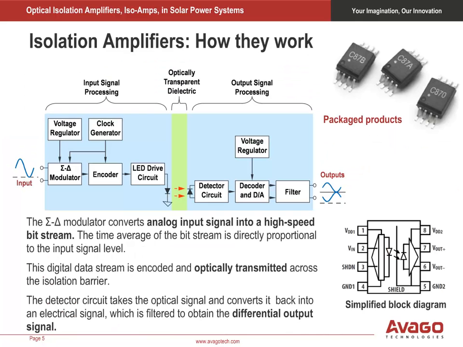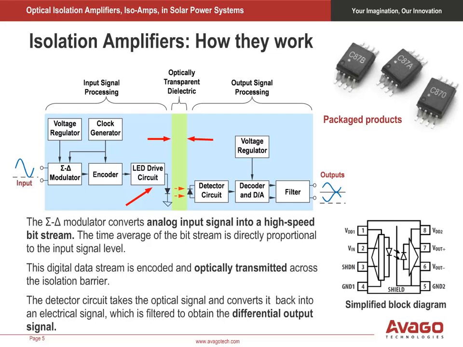Since you may be unfamiliar with Avago's isoamp technology, let's have a quick overview. They are easy to understand. First, the isoamp senses the input voltage, an analog signal, and converts it to a digital bit stream or pulse train. Then the digital representation of the input signal is transmitted optically using an LED across the optically transparent dielectric isolation coupling.